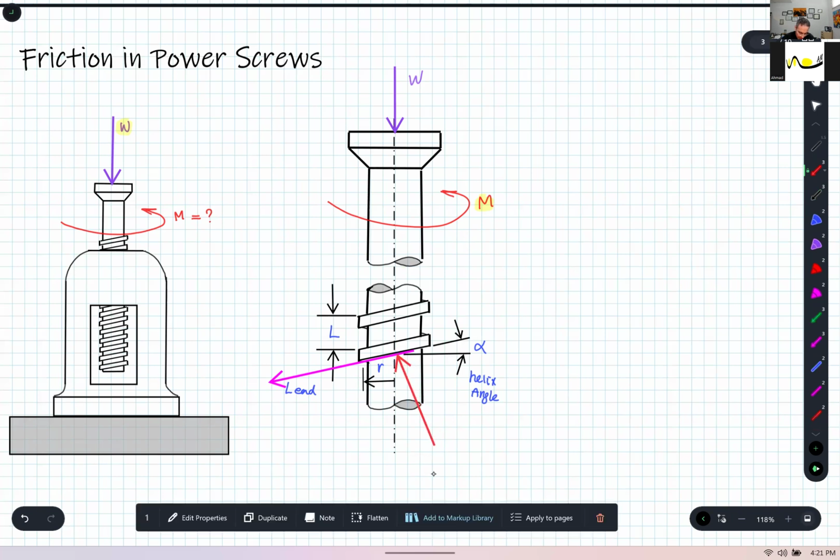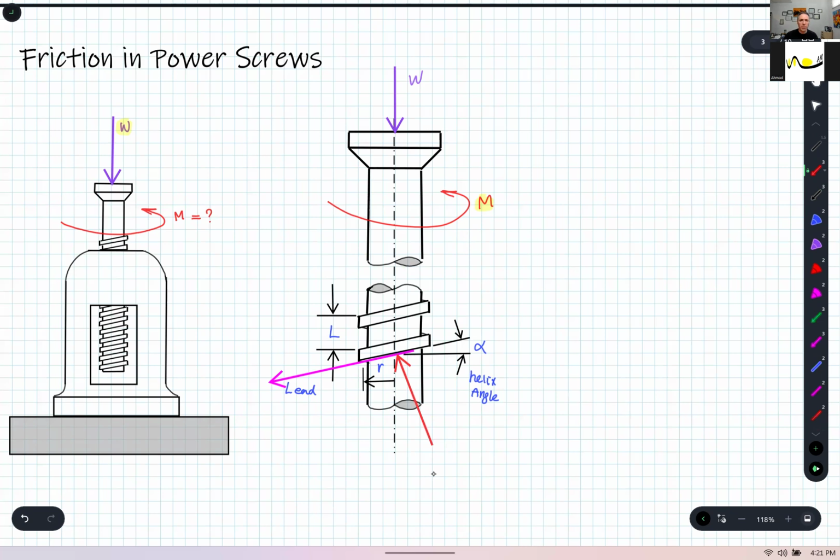I'm just showing it at one point, but of course there are many contact points on some of these threads. We'll just show one point and we assume that's the sum of all these forces. So this is my friction, and it is equal to mu N. And this is the normal load, let's call that one N.